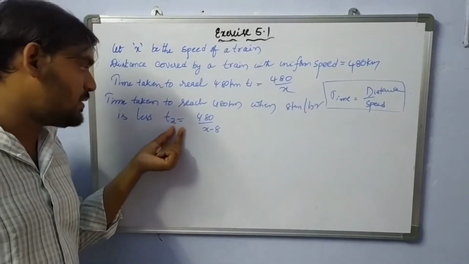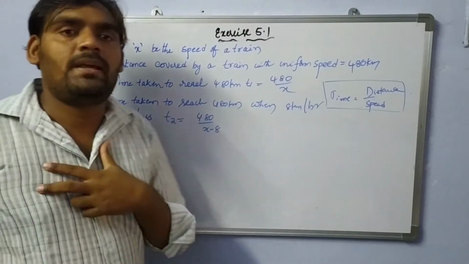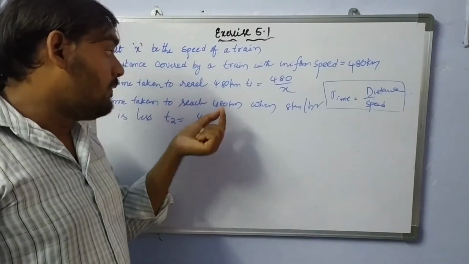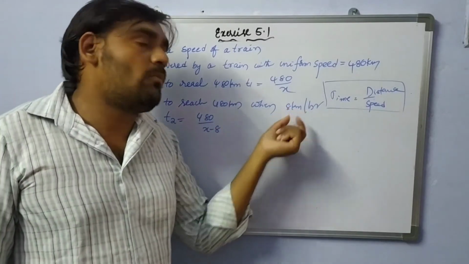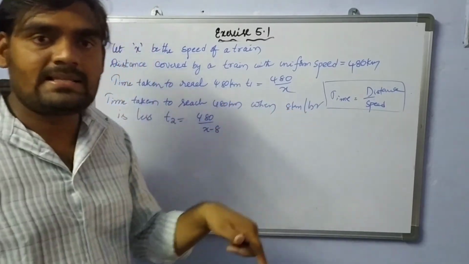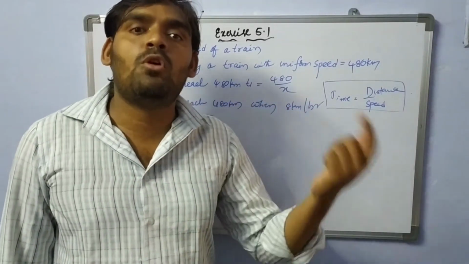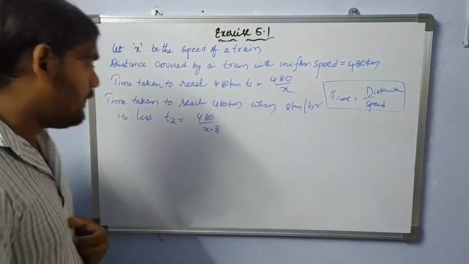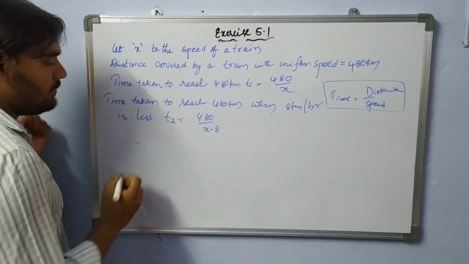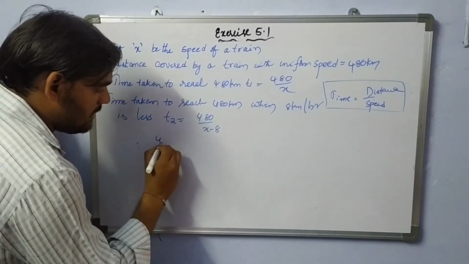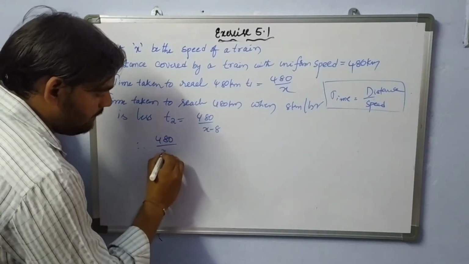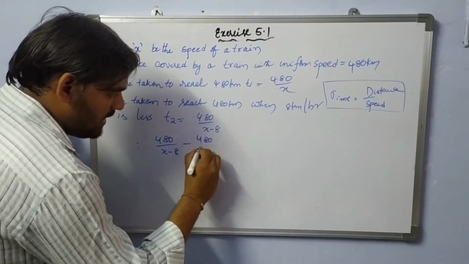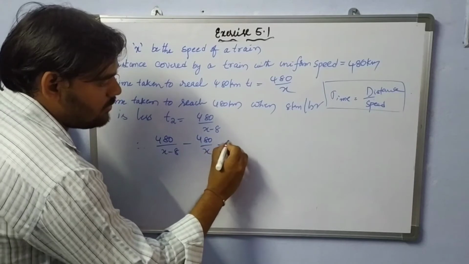At that time, T2 is equal to 480 by x minus 8. But when the train goes 8 kilometers per hour slower, it takes 3 more hours to reach the 480 kilometers. Therefore, according to the problem, we can write the equation as 480 by x minus 8 minus 480 by x is equal to 3.